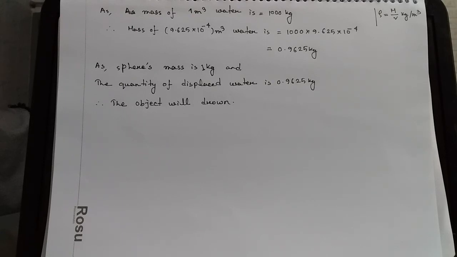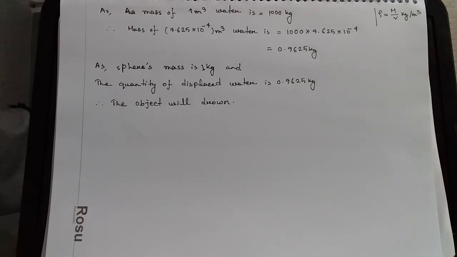So if the object's mass is greater than the displaced water, then the object or body will sink or drown in the water. So for this case we say that the object will sink.